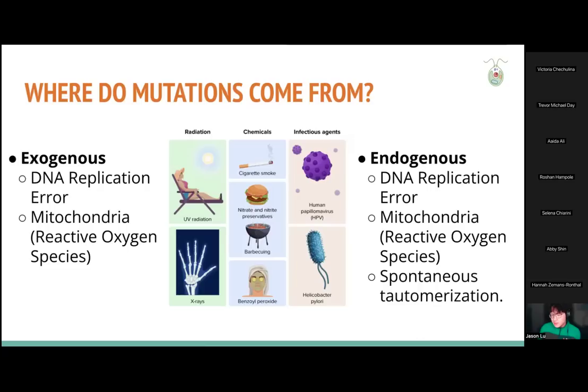So it'll go over to DNA and grab some random electrons, and that'll make the DNA unstable, and then that could cause damage to the DNA. And then in the middle diagram here, we have the exogenous sources. So we're looking at radiation from the sun, for example, X-rays, cigarette smoke, barbecuing, and of course, some viruses. Next slide, please.